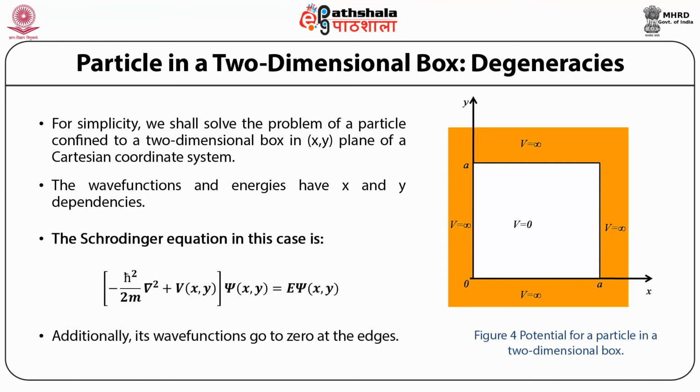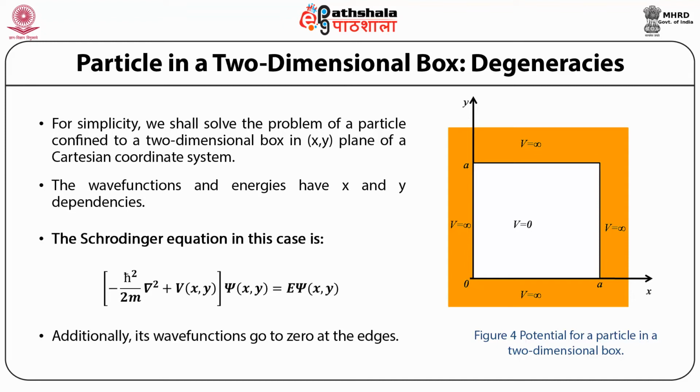So the Schrödinger equation in this system can be written as minus h cut square by 2m del square plus V as a function of x and y, multiplied by psi x y, equal to E psi x y. In two dimensions, the Laplacian takes the form del square equal to del square by del x square plus del square by del y square.